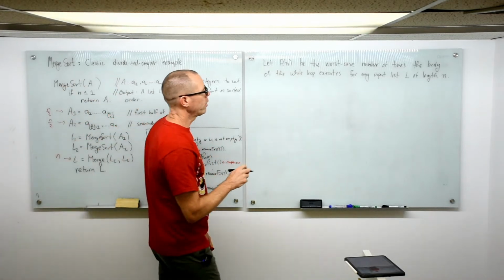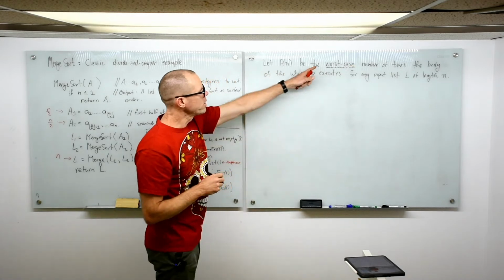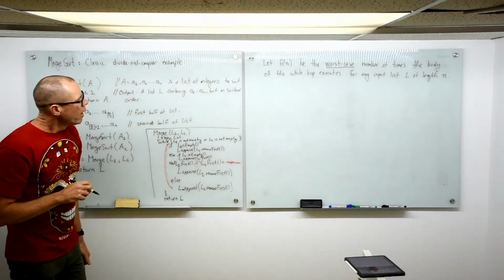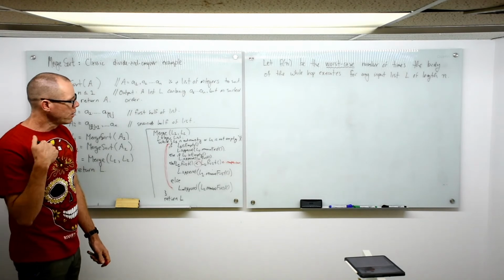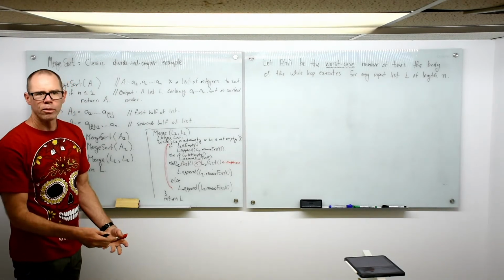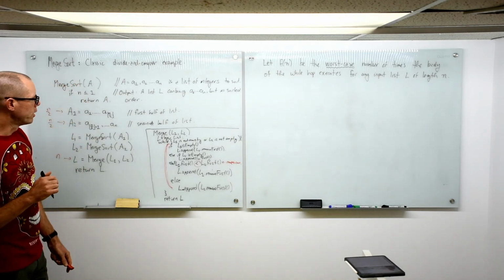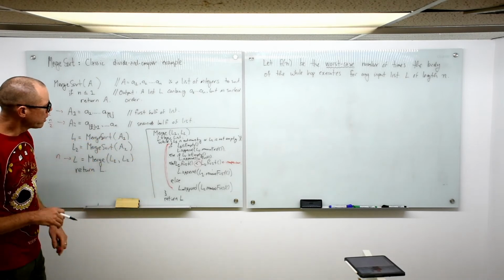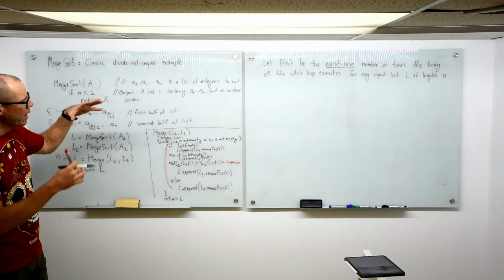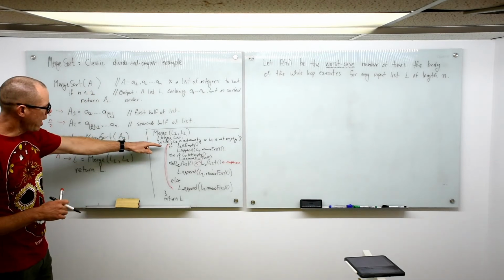And actually, this isn't critical. So worst case here just means the maximum number of times it could execute no matter what list you gave me. So even on the worst possible list. In this case, actually, we see that the number of times it executes, certainly at the outer level, was exactly n, right?